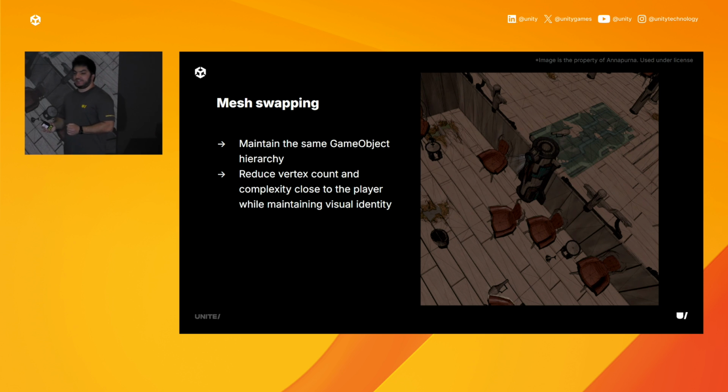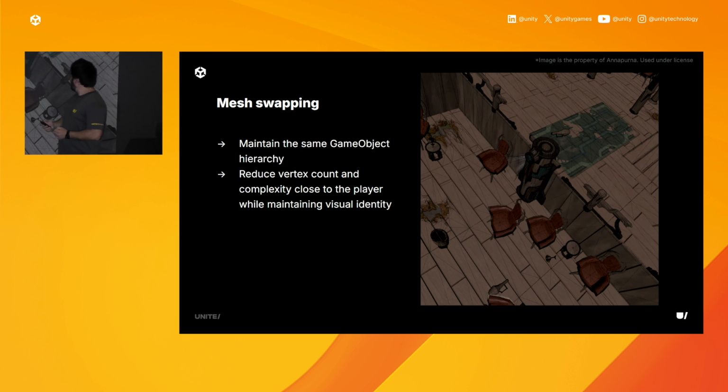So what we did then is build a system that allowed us to index all the unique mesh references and then have a counterpart of a reduced mesh that we created either through manual or automatic ways, which we'll talk about in a bit, and then swap the two every time. So it would look for a mesh reference in the scene, find every single object that would use that mesh, and replace it with the optimized one.